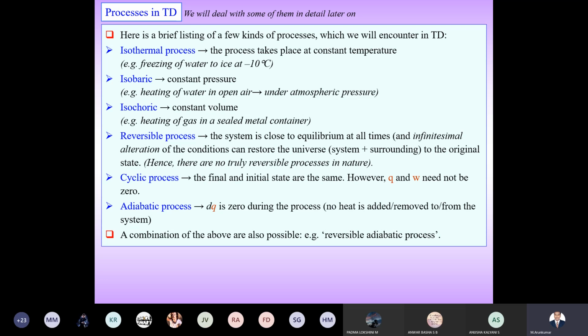Isobaric means constant pressure. Isochoric means constant volume. Then reversible process, cyclic process, and adiabatic process are also available. In an adiabatic process, the heat transfer will be 0. Then combinations of all the above are also possible.